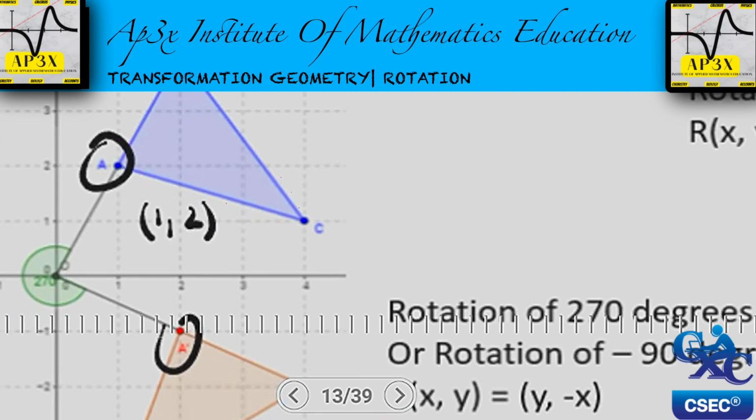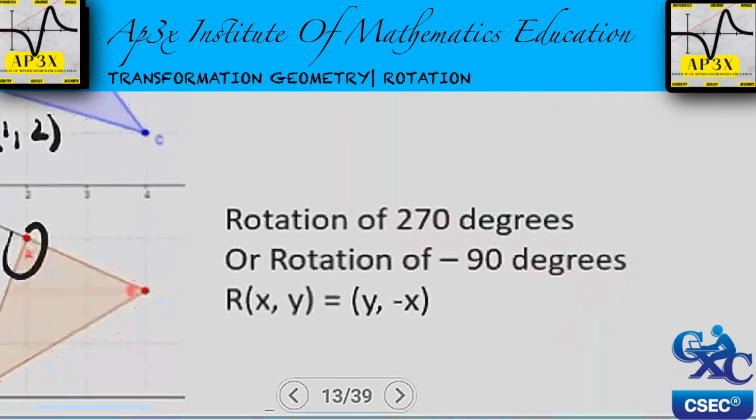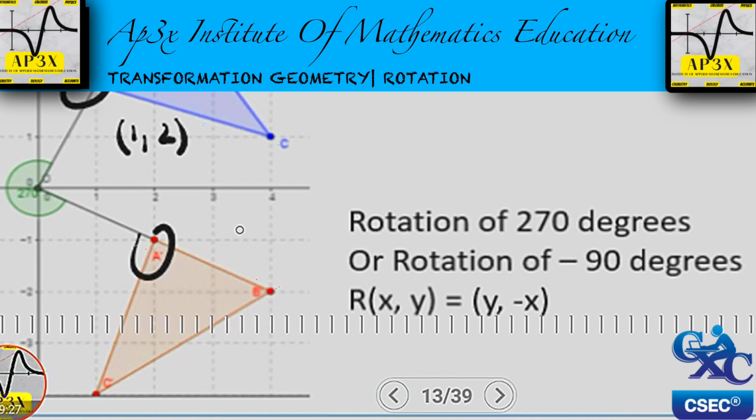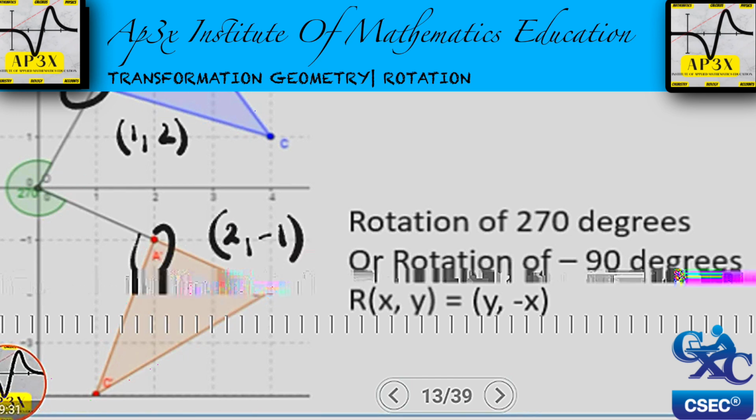By comparing it to A prime here, you'll realize that A prime is in fact at 2, -1. So there is a switch in the ordinate values. 1, 2 became 2, 1. But notice that the x value, the 1, changes sign to a negative in this case.